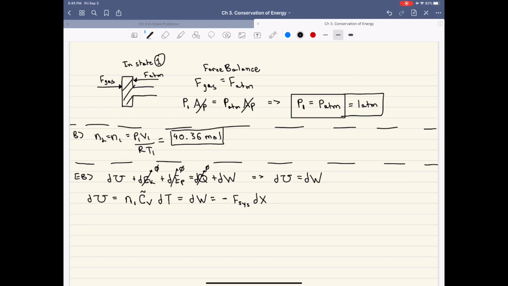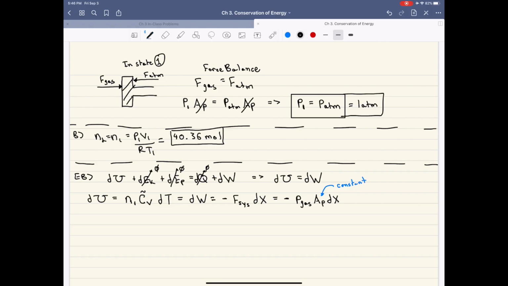Okay? Now, the force that we would put in here, this is the force exerted by the system. And so from our force balance, we know that that force is just equal to the pressure of the gas times the area of the piston times dx. Okay? Now, the area of the piston, that's a constant.